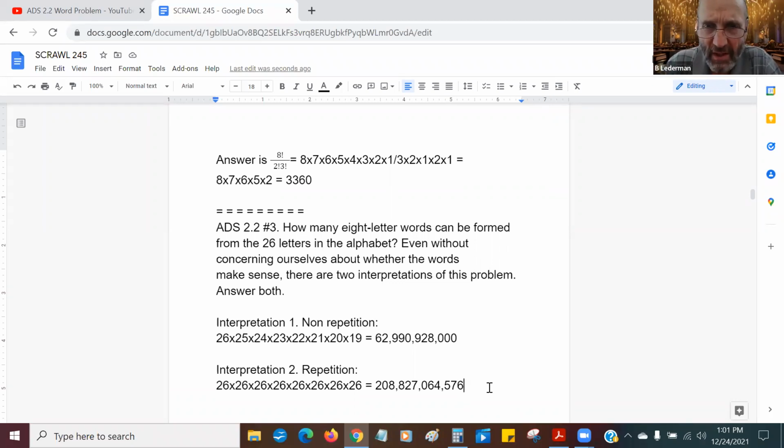First of all, this is about 3 times the size, more than 3 times the size of 62 billion. Also, notice that interpretation 1, the top answer, ends with all those zeros, and this doesn't end with any zeros.